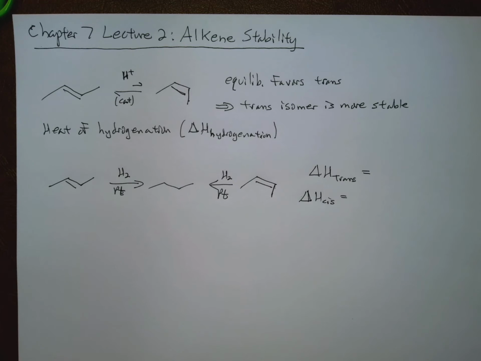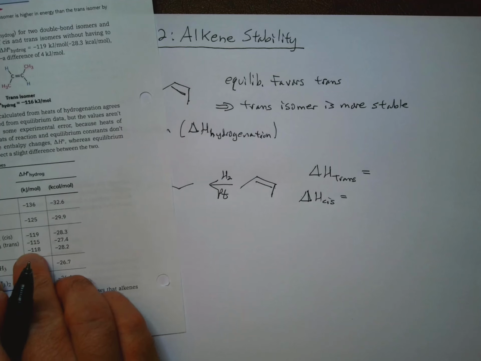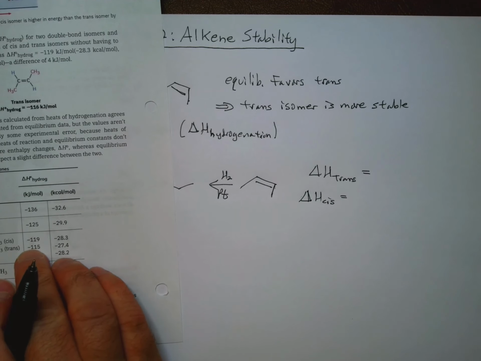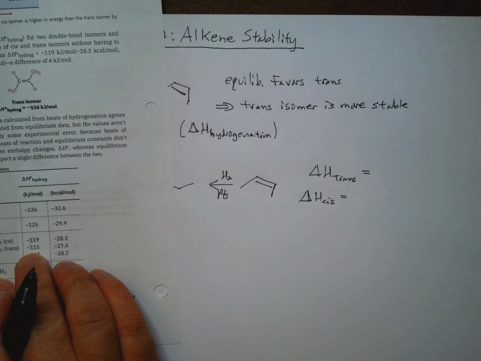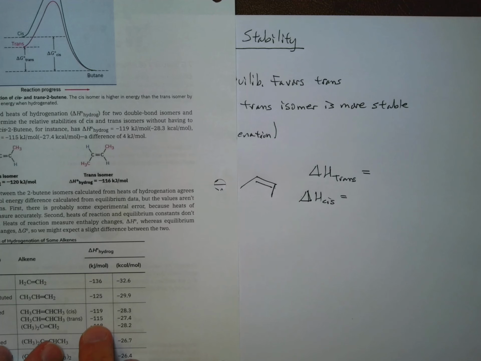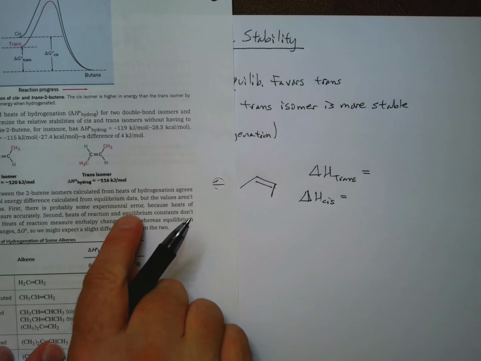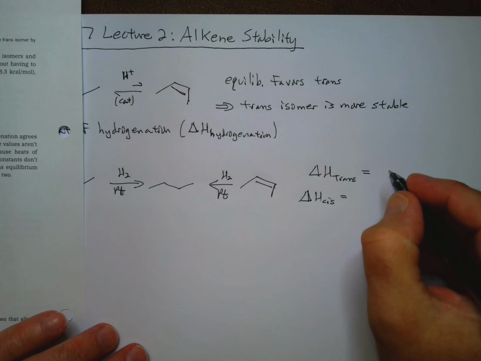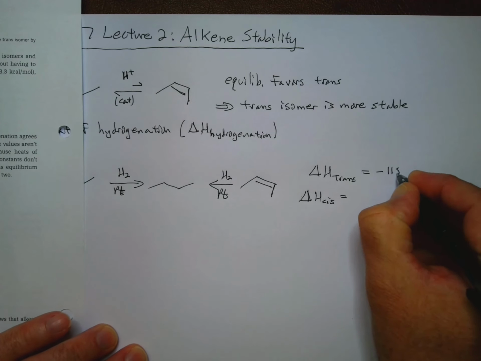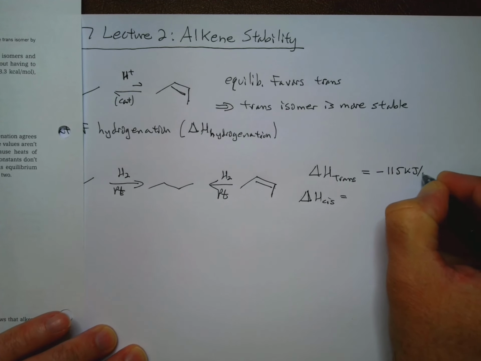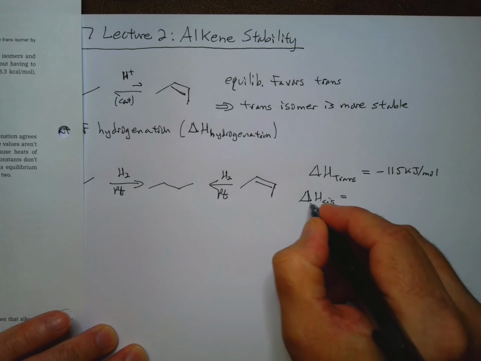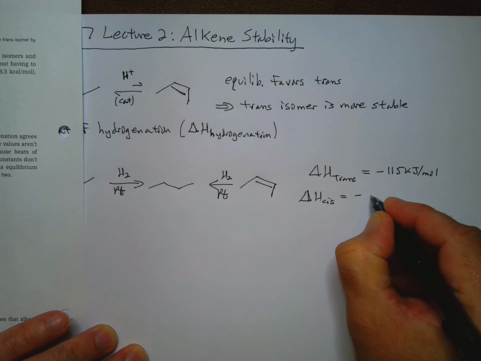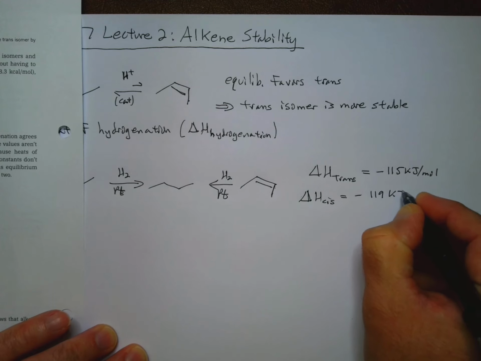Our delta H for trans is, and I've got this nifty table here, around 115 or 116. The table says 115 for trans, but the figure says minus 116, so we'll go with what's in the table: minus 115 kilojoules per mole. And delta H for the cis is minus 119 kilojoules per mole.